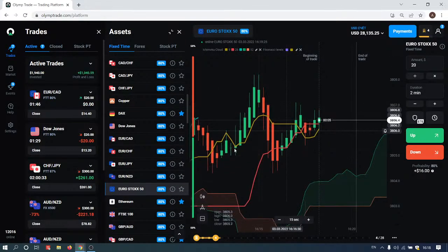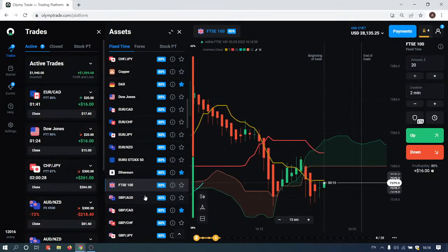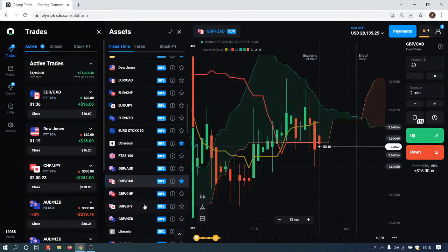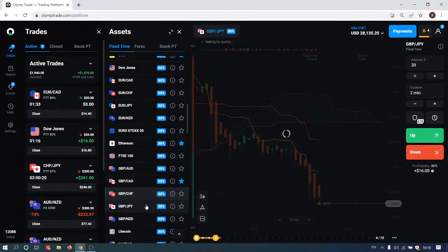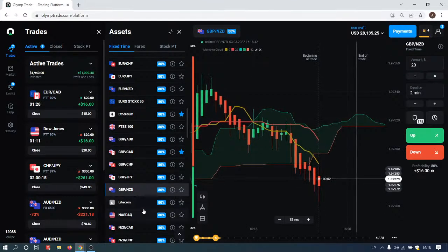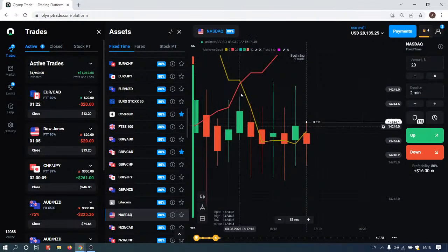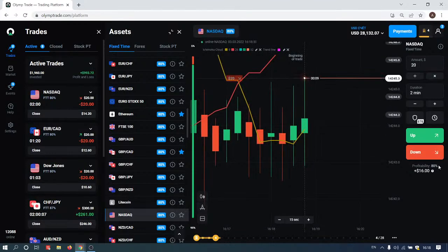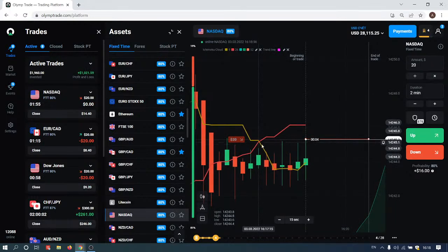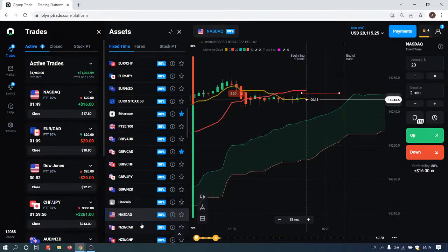So I also have to pay attention to the color of the Heikin-Ashi candlesticks. So Nasdaq again, red Heikin-Ashi, and this crossing just happened recently, so a trade in the downwards direction.